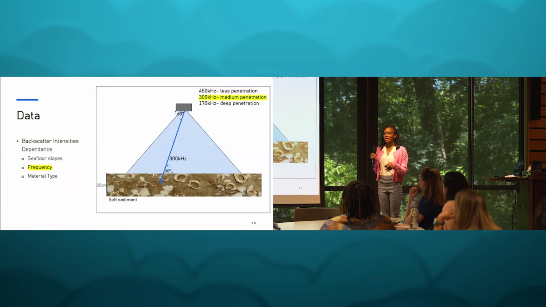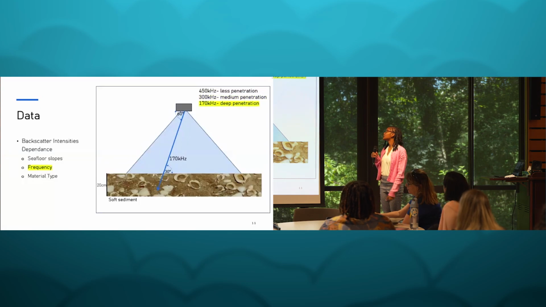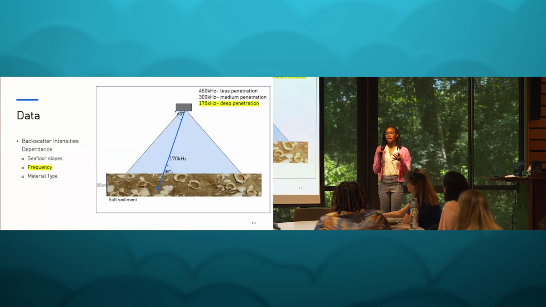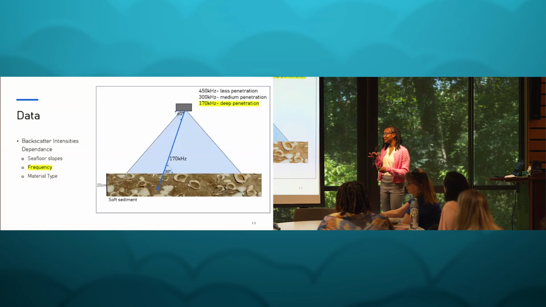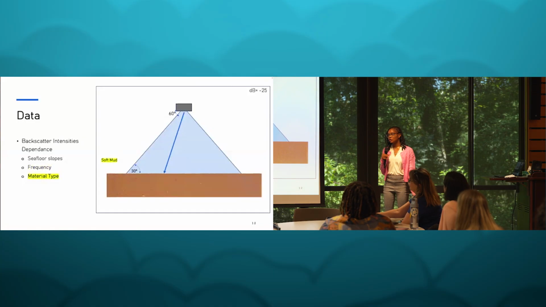It measures the middle of the sediment, so it's medium penetration. And here we have 170 kilohertz, and it's the deepest penetration, so it gives you the most in-depth view of the seafloor.